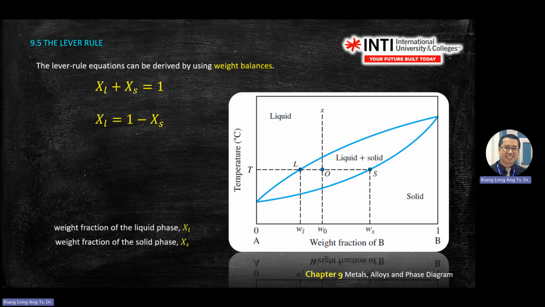So it's a weight fraction of the liquid and fraction of solid. So you rearrange the equation, XL equals 1 minus XS. Or another way is you take 100% minus the previous one. As long as you find one percentage, you can find the other one.